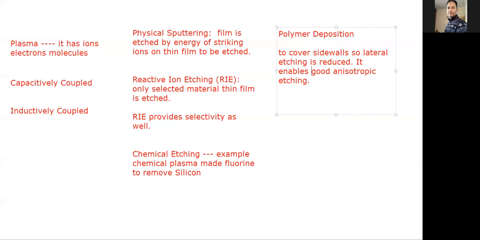During the removal, when we think it has etched a sufficient width which we wanted to etch away, we bring polymers into the picture, and this results in sidewall passivation. Once you have passivated the sidewalls, your etching in the lateral direction becomes slow, and what you get is a very good anisotropic etching.